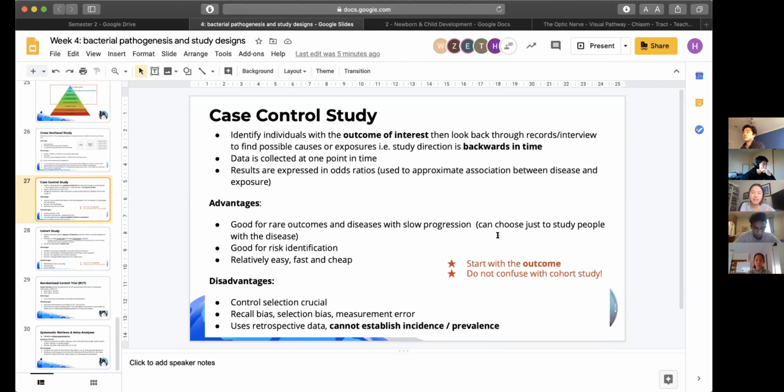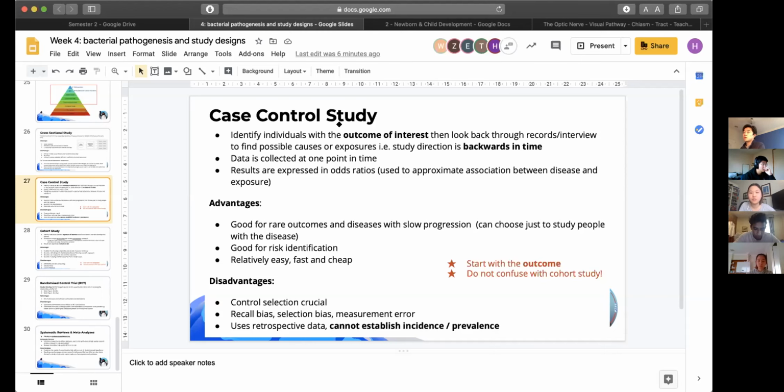The key thing to note is that your study direction is backwards in time. Your results will be expressed in an odds ratio, which is used to approximate the association between the disease and the exposure. This is really good for rare outcomes or diseases that have a slow progression.